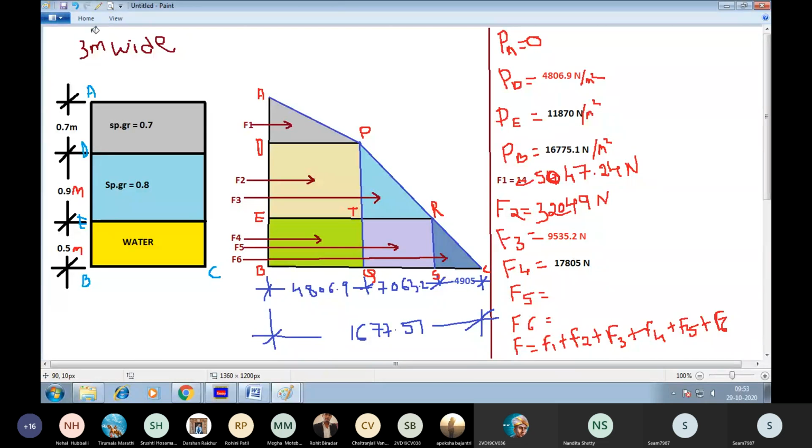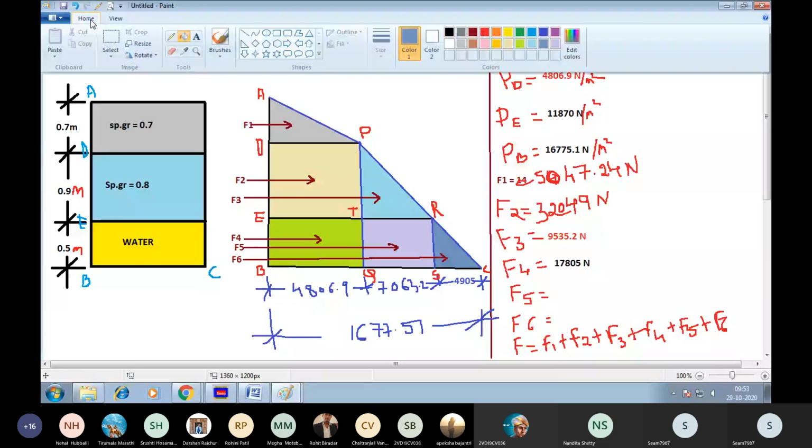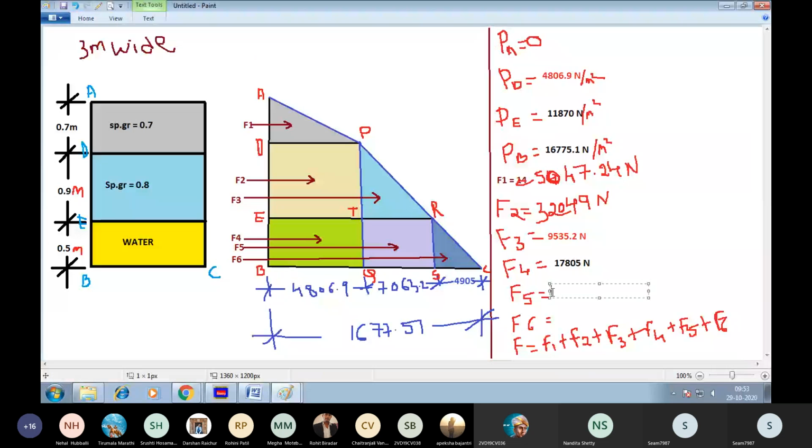What about F5? Ma'am, 10,594.8, ma'am. Is it correct? 10,594.8.